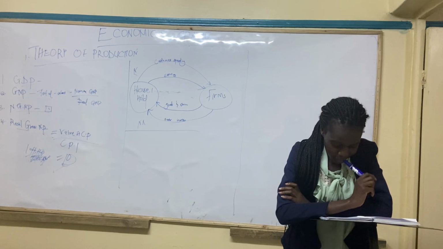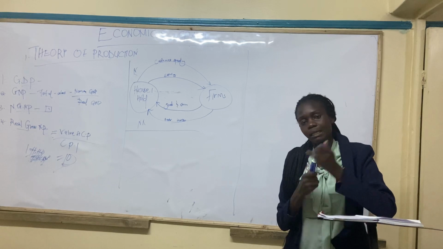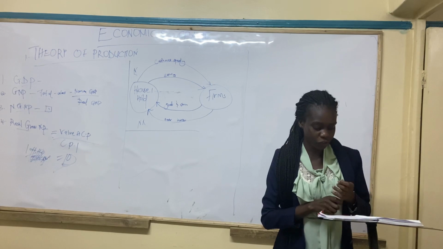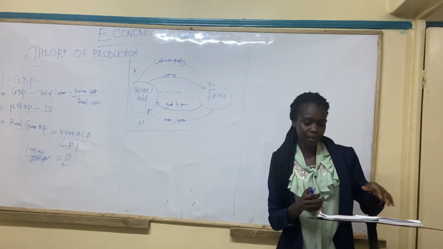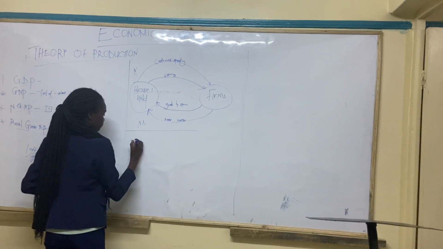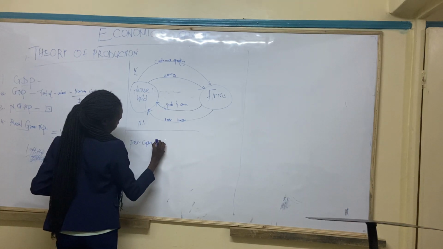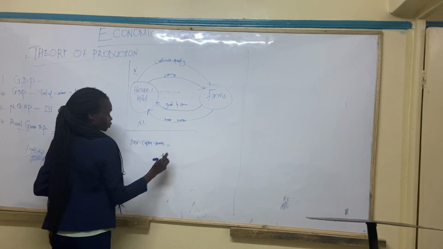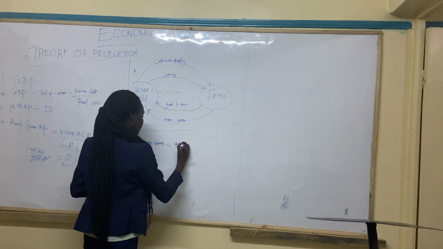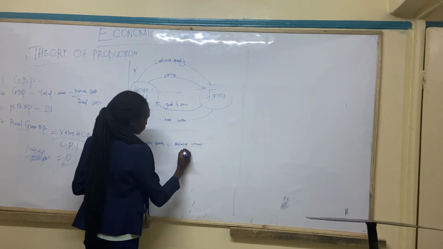Per capita income is calculated by dividing national income by the population.